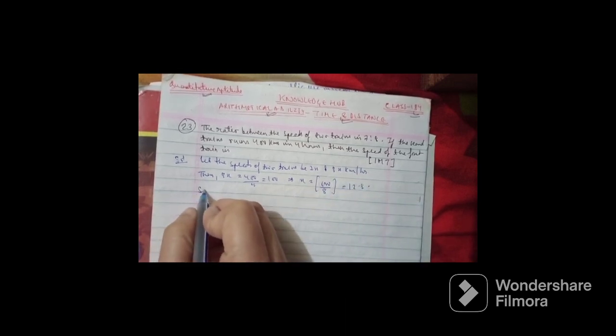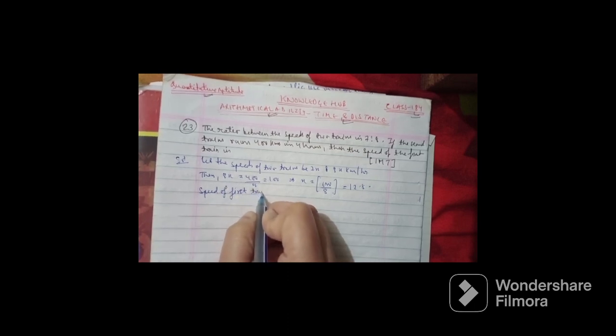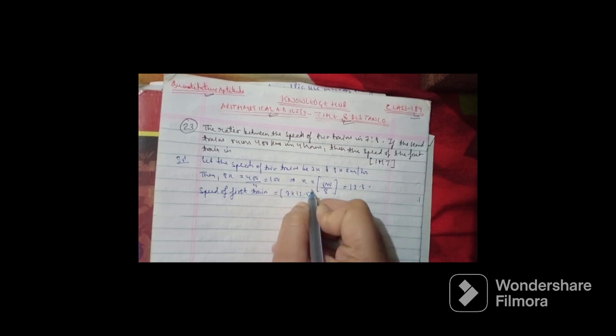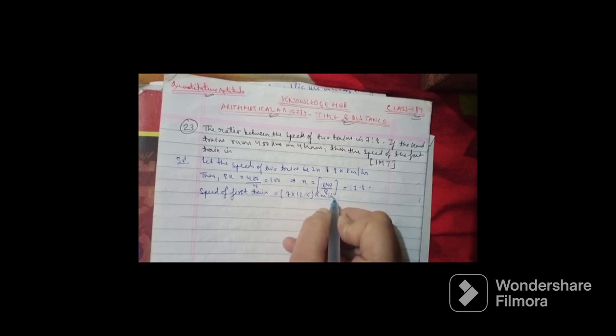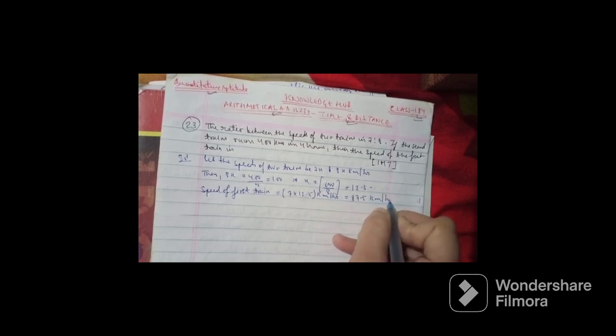Speed of the first train equals 7 into 12.5 kilometers per hour, which equals 87.5 kilometers per hour. So that is the answer, and let's find out another important question.